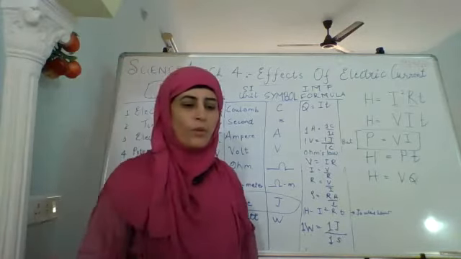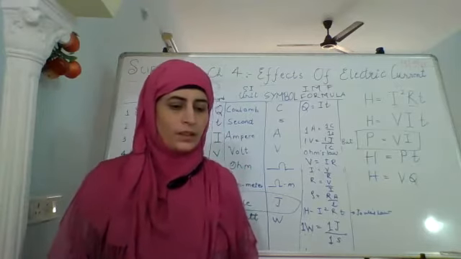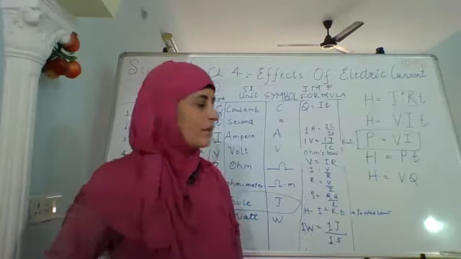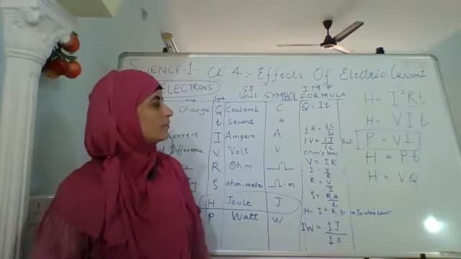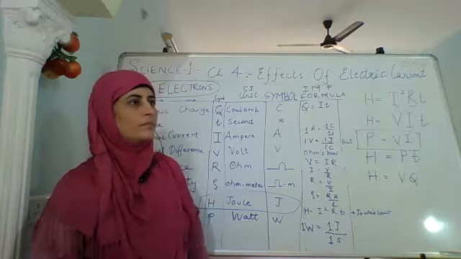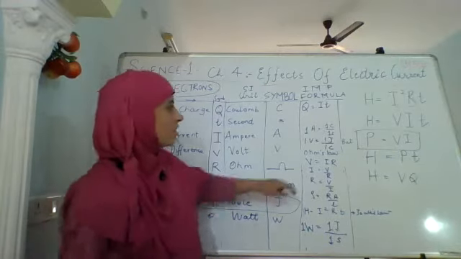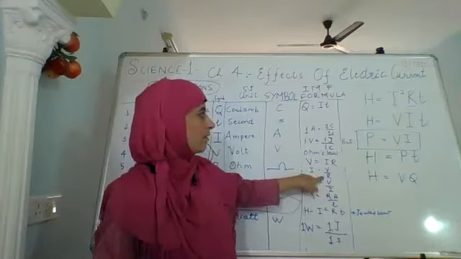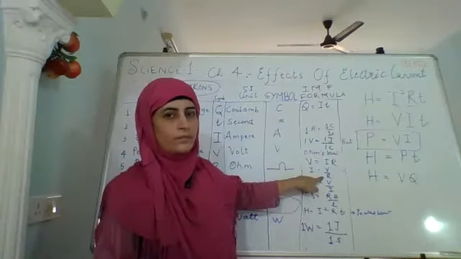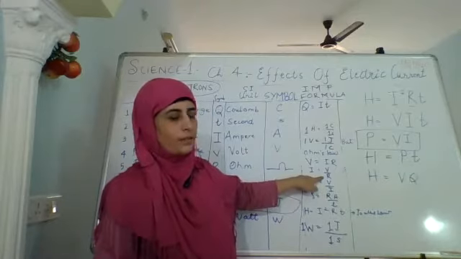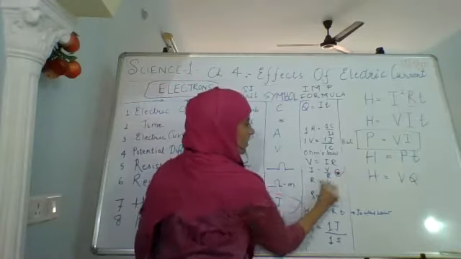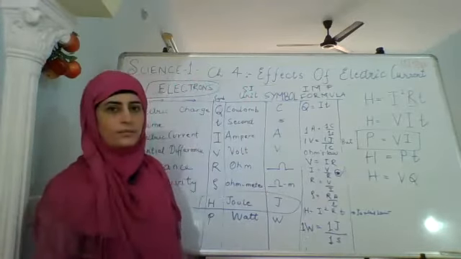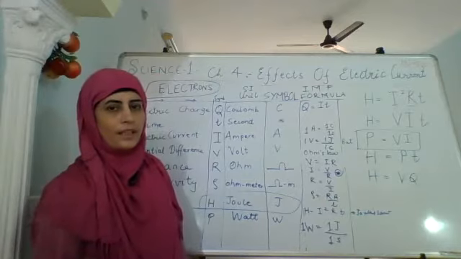Can you remember more formulae? What is V? What is I? I is V upon R. So shall we put this formula in place of I?